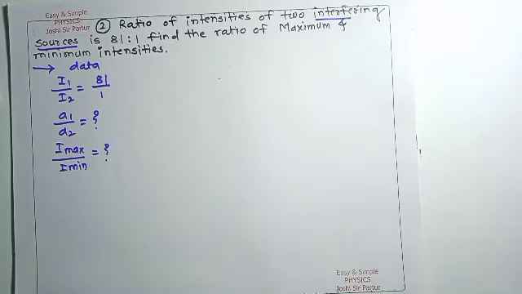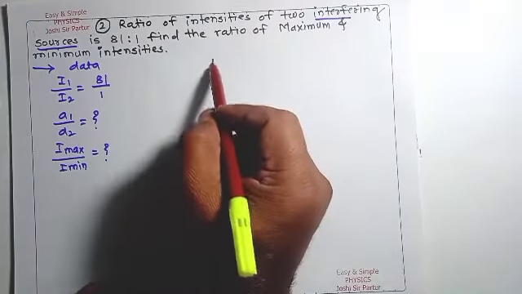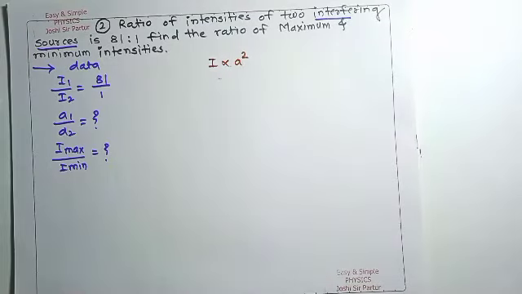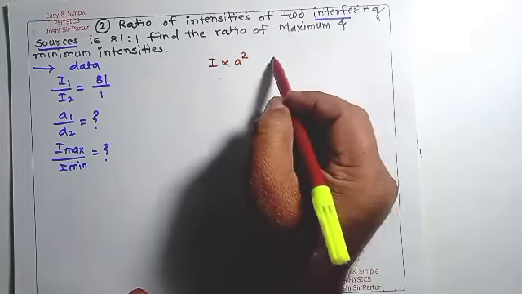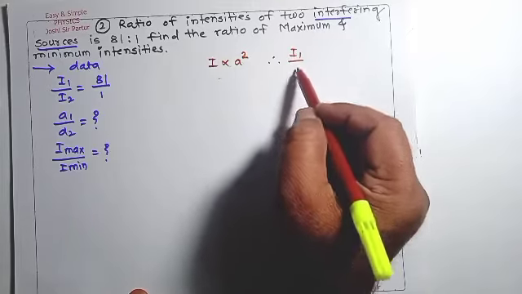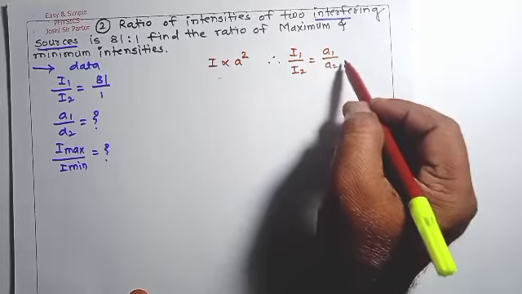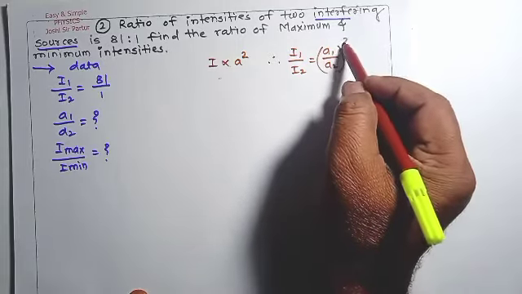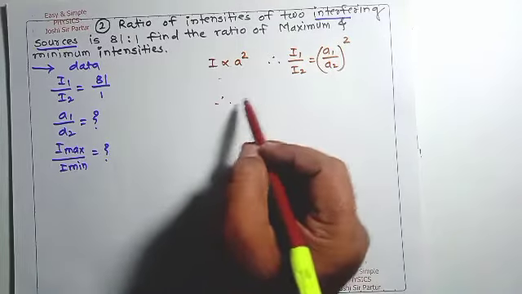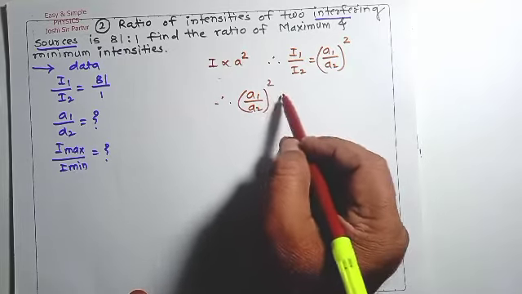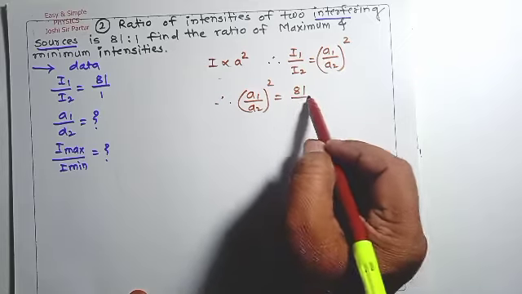So here, using Malus law, I is directly proportional to the square of the amplitude. Therefore I1 upon I2 is equal to (A1 upon A2) squared. Means (A1 upon A2) squared is equal to 81 upon 1.